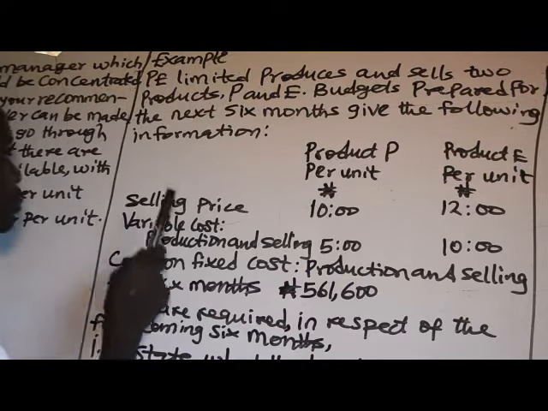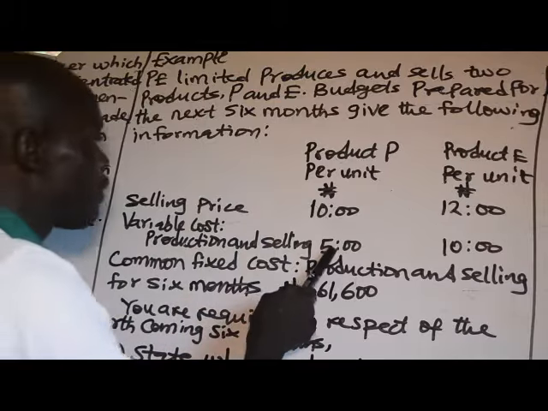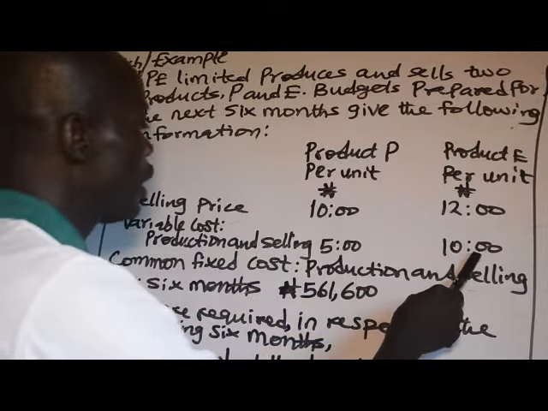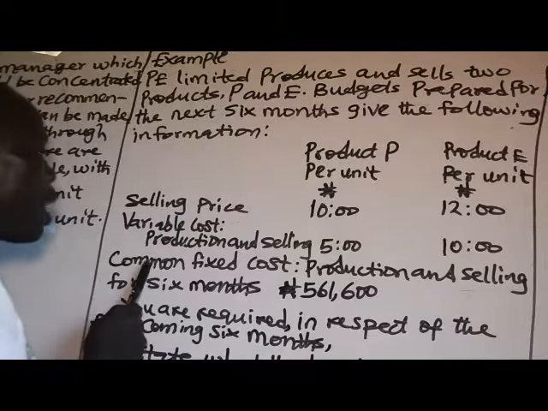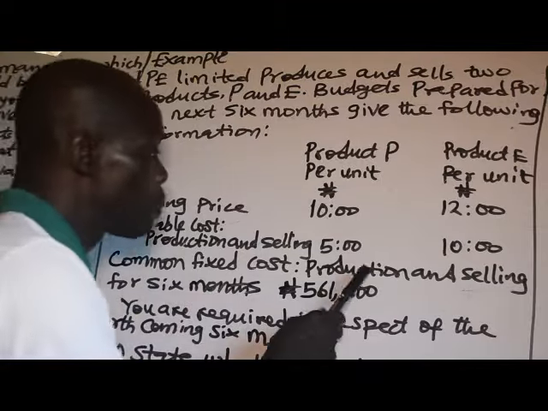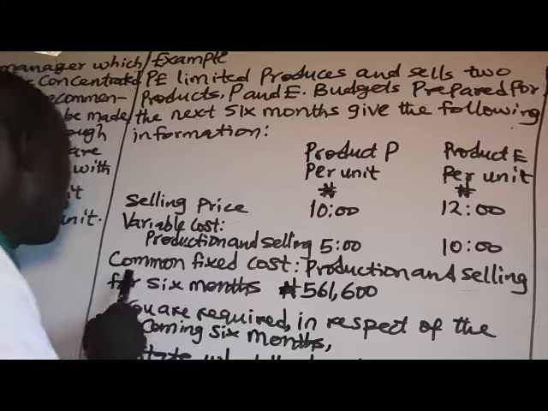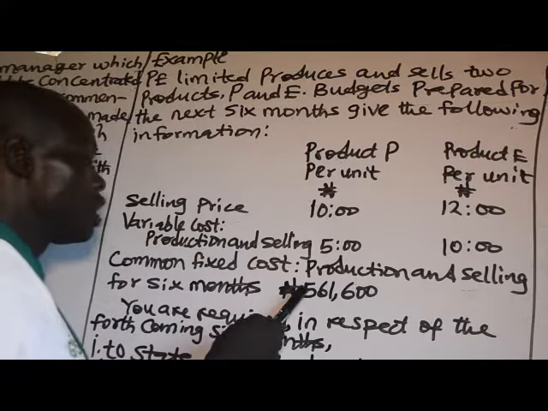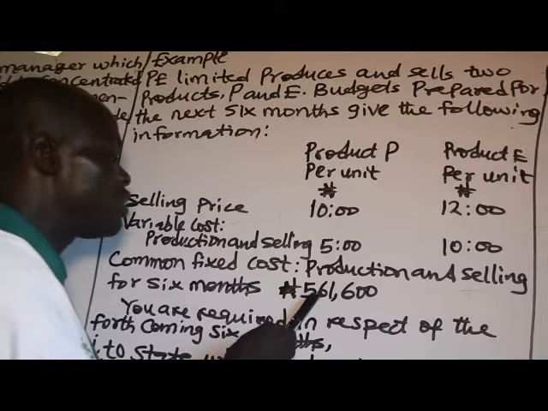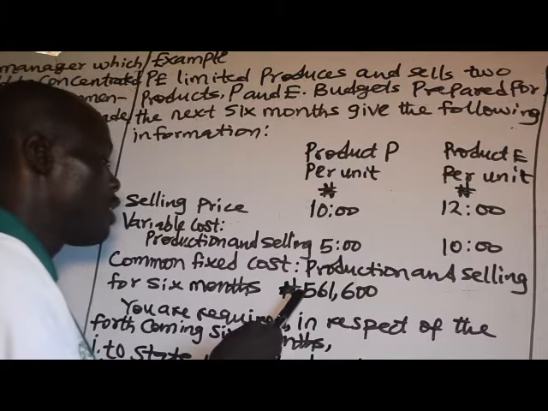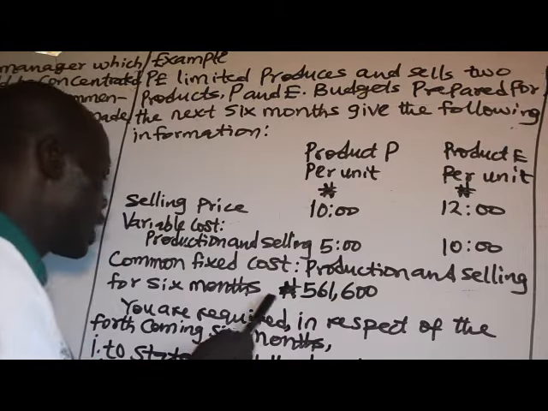Variable cost, production and selling, is 5 Naira for product P and 10 Naira for product E. Common fixed cost, production and selling for 6 months is 561,600 Naira.